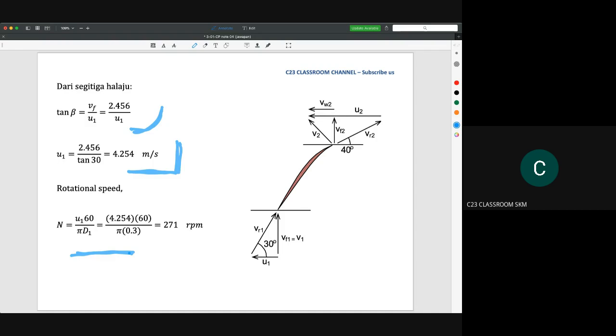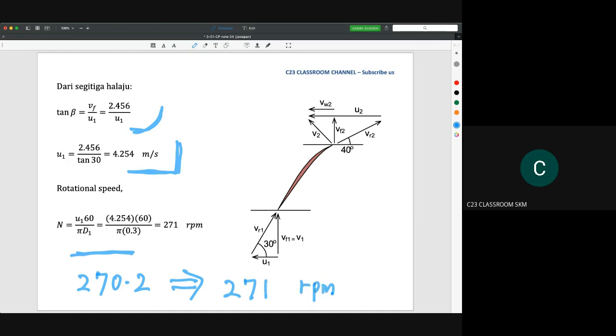Okay, I would like to advise you here, if you have a decimal point in RPM, please round up the value. Round up means you take the next number. So for example, you have 270.2, please round up into 271 RPM.